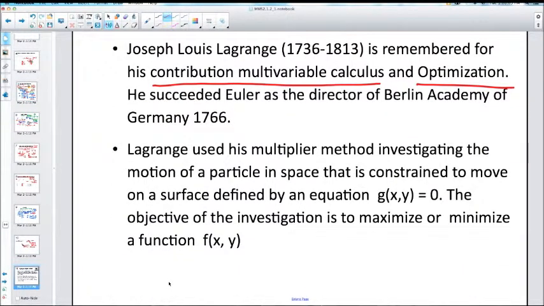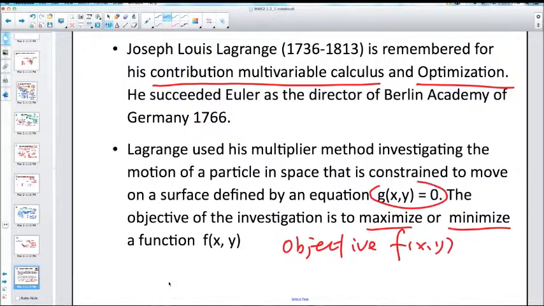So the problem he considered, we could put in a simple way. We have an objective function, the function f(x, y), and you try to maximize and minimize it under a constraint equation.